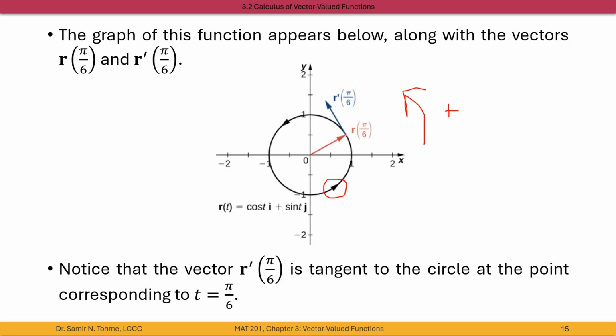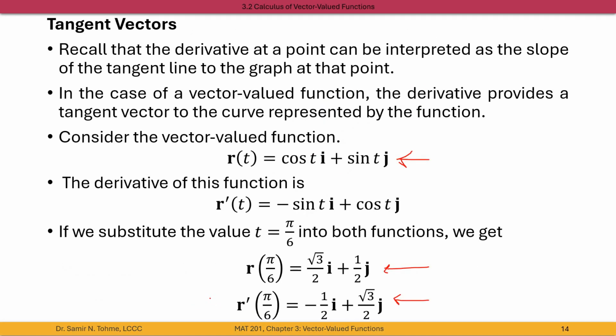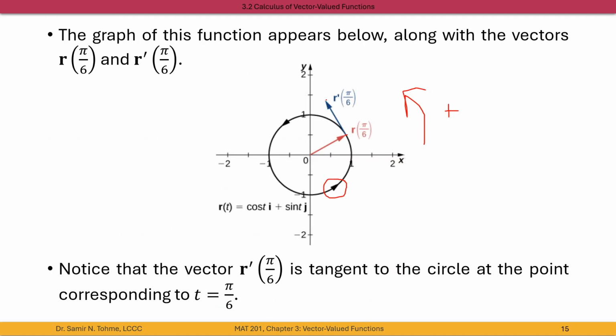It is a point on this circle over here. And if you plot this vector now, r prime, at pi over 6, you're gonna get this vector. You can try it out and you're gonna get the blue vector. And this one is perpendicular to r.